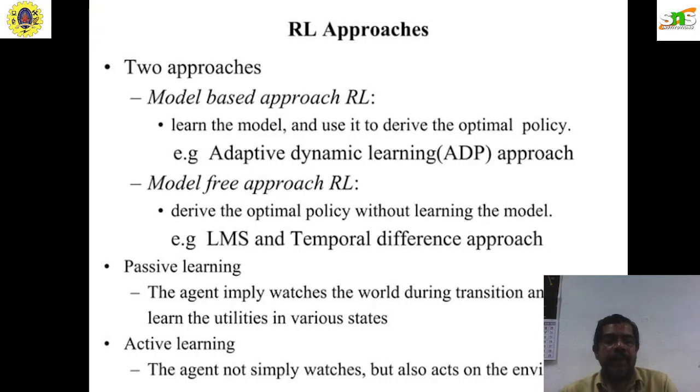Another type of learning is called passive learning, and then active learning. In passive learning, the agent simply watches the world during the transitions and tries to learn the utilities in the various states. The meaning is, say we have a mobile phone with a clock, and you install clocks for various world regions.